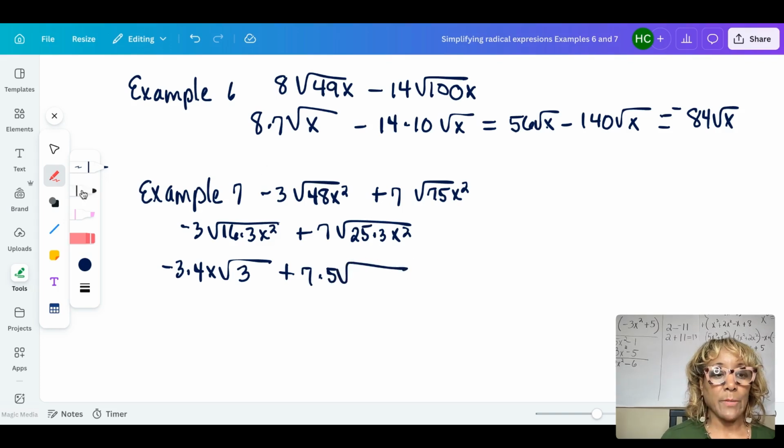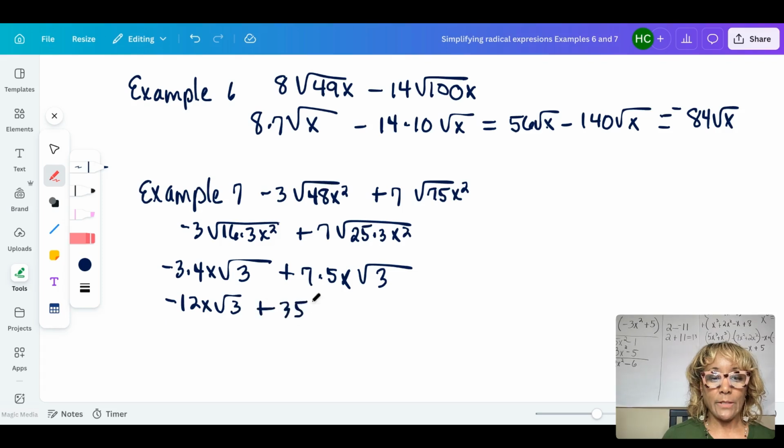Oops, I forgot to put my x, y'all. Let me undo that. 7 times 5 and my x, because the square root of x squared is x. And I'll put the square root of 3, okay? Now that's going to give me negative 12x square root of 3, plus 35x square root of 3.